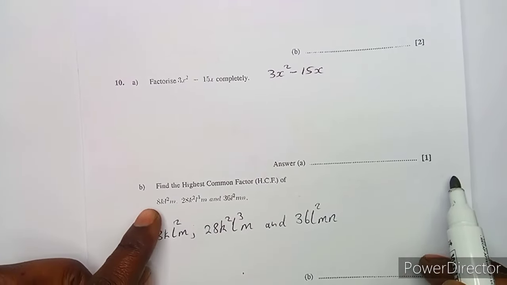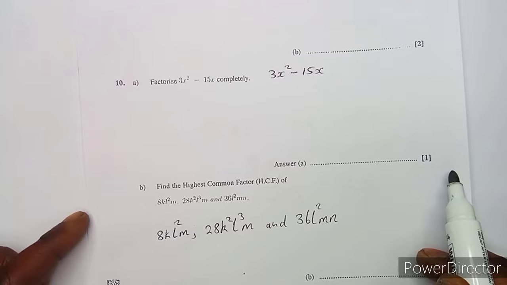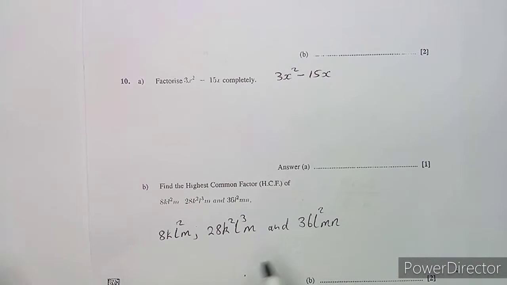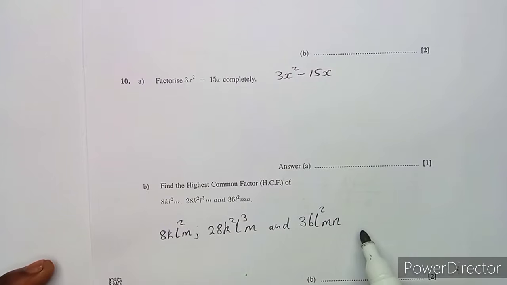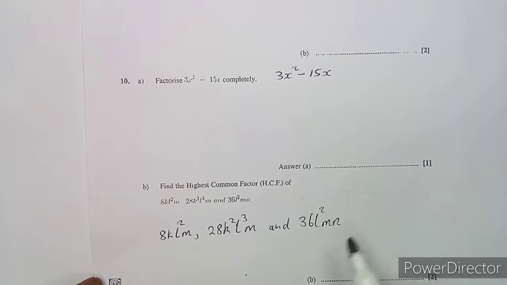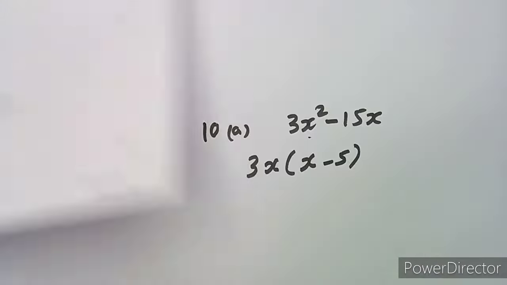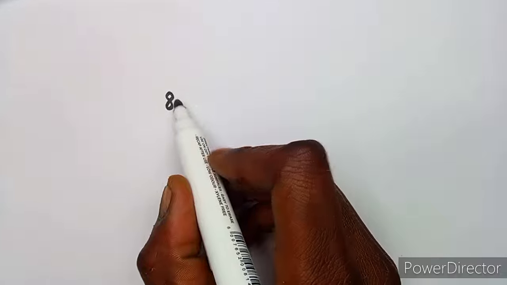Then on number 10b, we are now asked to find the highest common factor, which is the HCF of these three terms. So what you're going to do is to just expand these numbers as a product of their prime factors, then everything is going to remain like that. Okay, so let's just expand. The first number is 8.